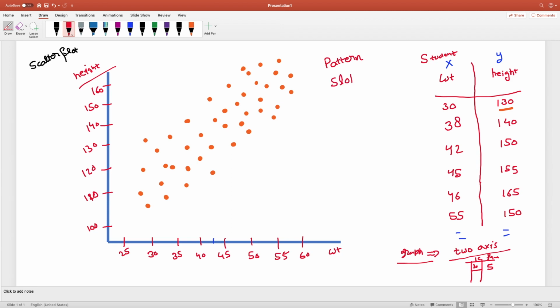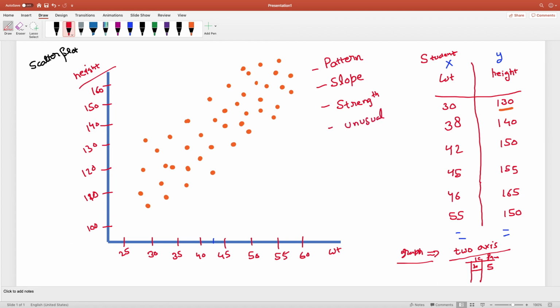So first thing first, I can find out the pattern, and the second thing is I can find out the slope. So in patterns we have multiple things. First thing first is something called a slope. The second thing is called the strength of this association. And the third thing is called any unusual feature.